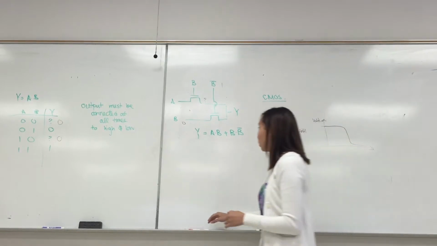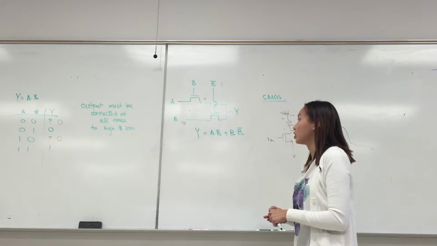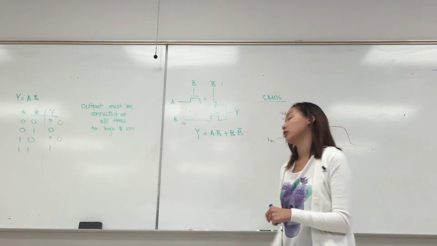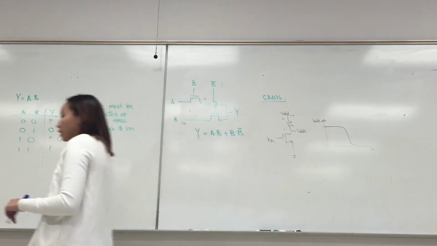So what we have to do is we turn it into CMOS. And what we do is just have the complement with your PMOS. All right, so what's going to happen is I'll draw it to the side.